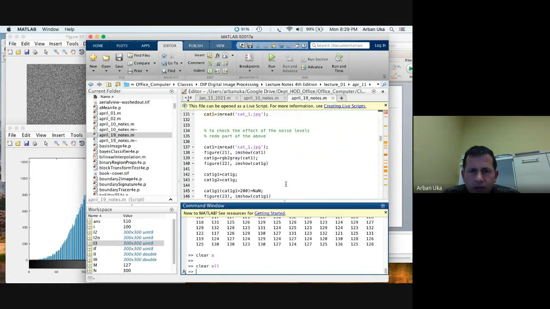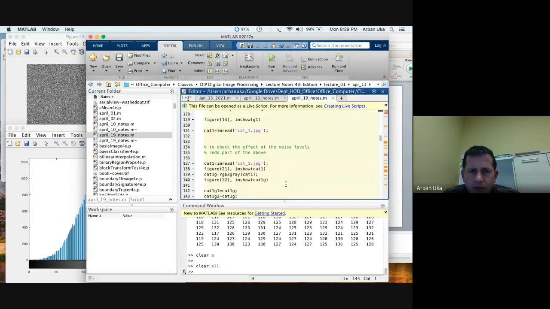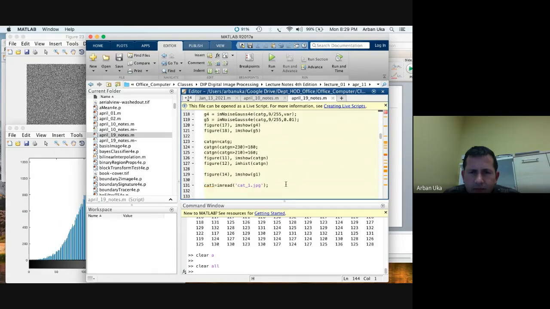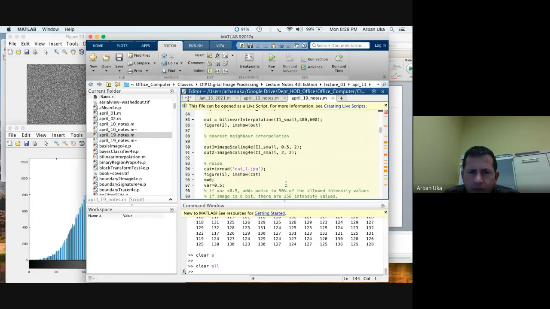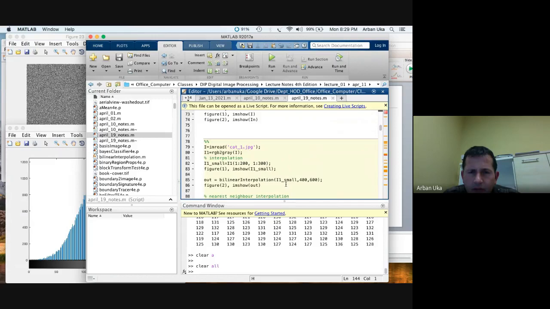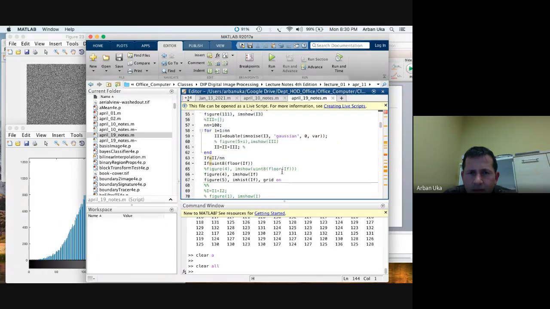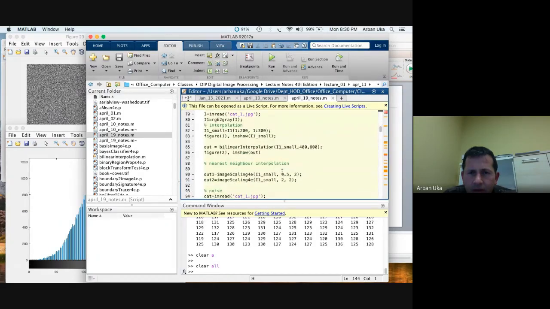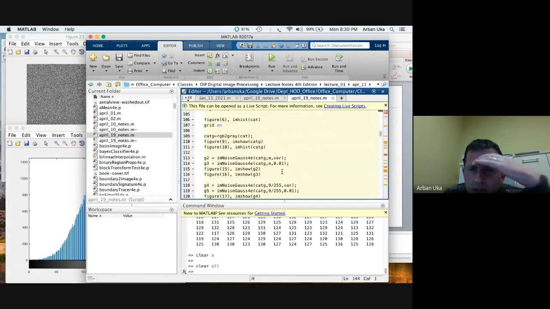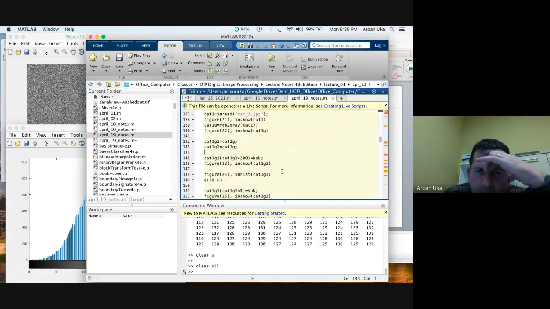For example, we have this example of the cat. It can be any image. It doesn't have to be the cat. Or I can have a look at the example of the cells, where we used the bilinear extrapolation.